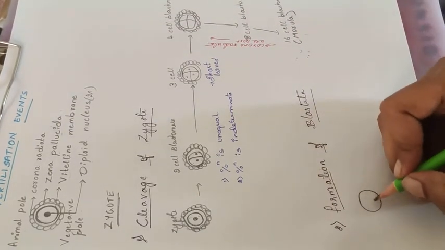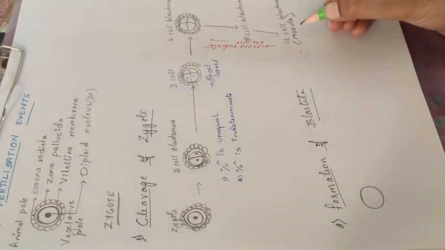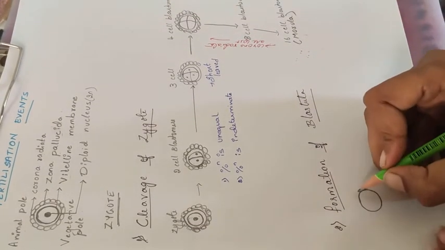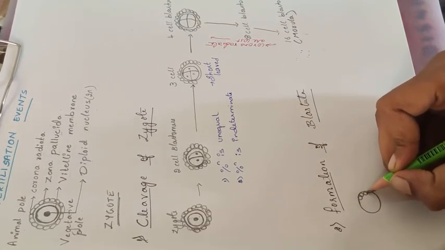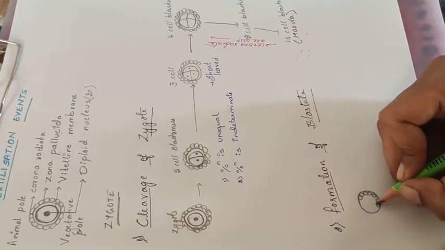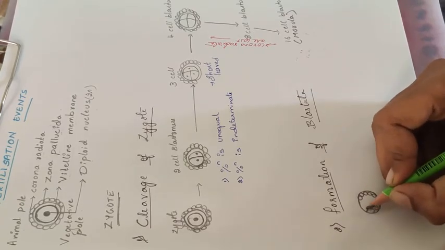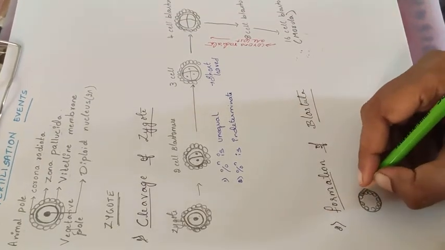So there are about 16 cells here, but these 16-cell morula will rearrange themselves such that out of the 16, the smaller blastomeres, 1, 2, 3, 4, 5, 6, 7, 8, 9, are the smaller blastomeres.